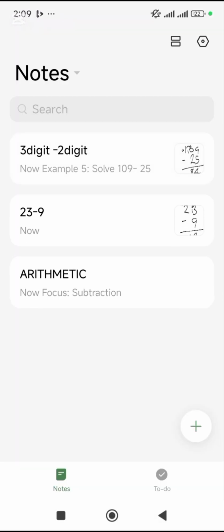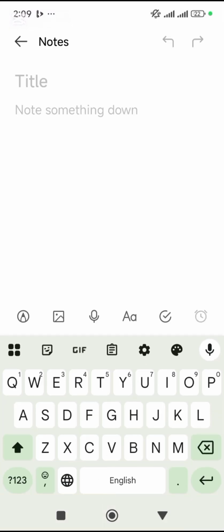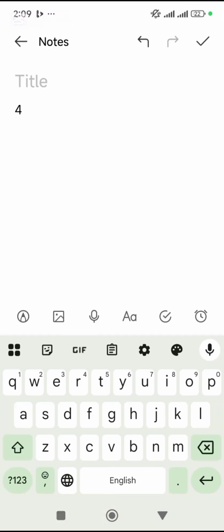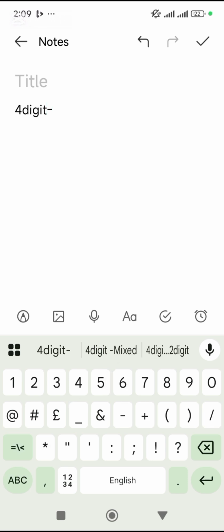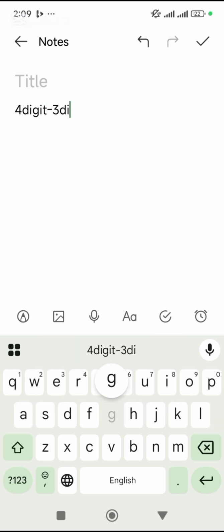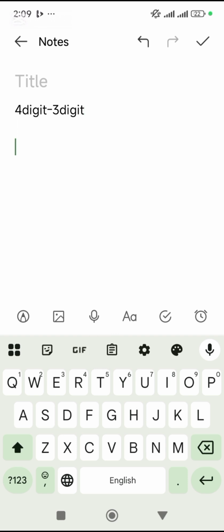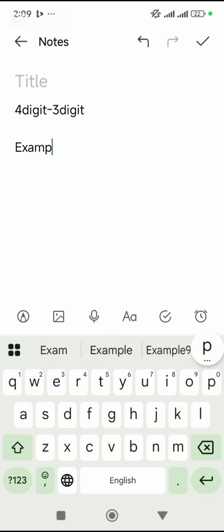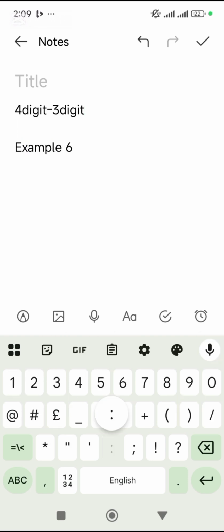Let's see an example of 4 digits minus a 3-digit number. So call this example 6.